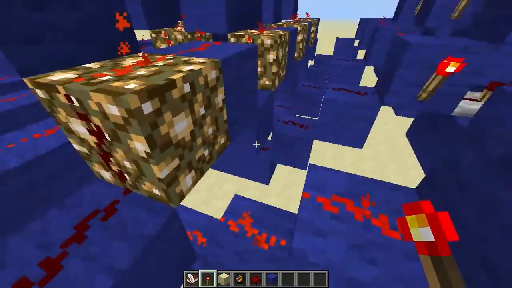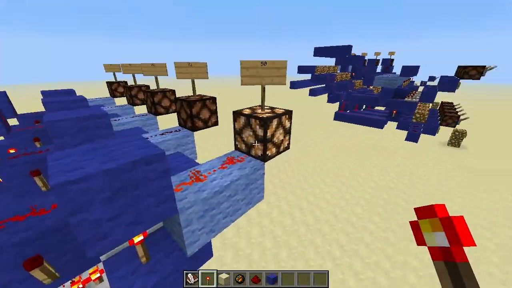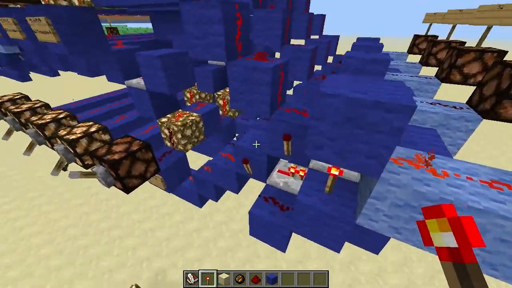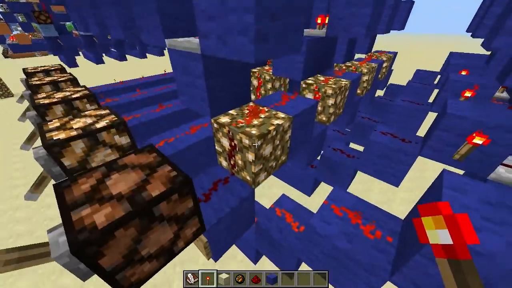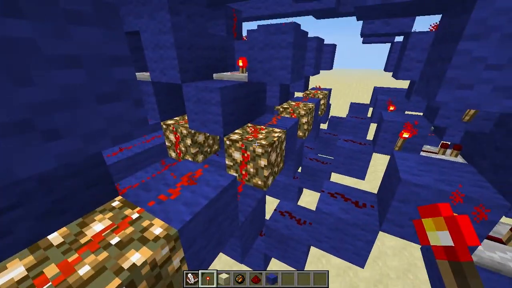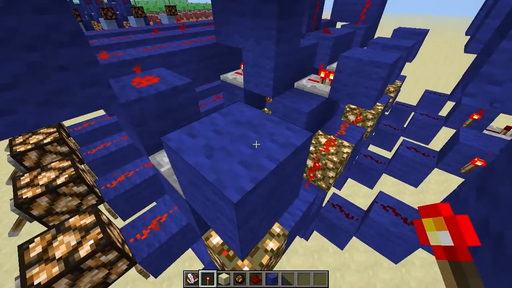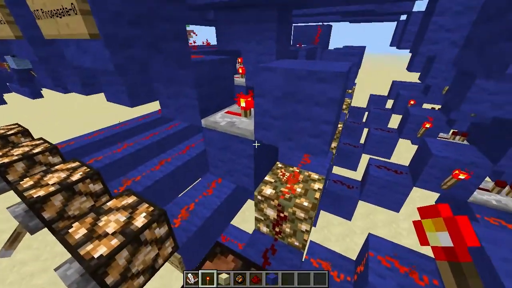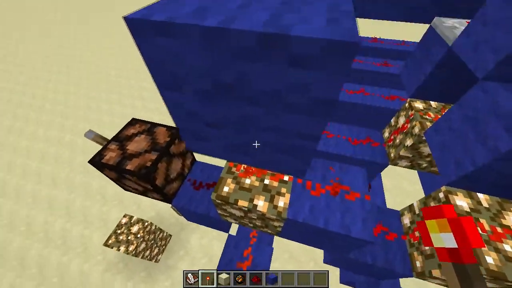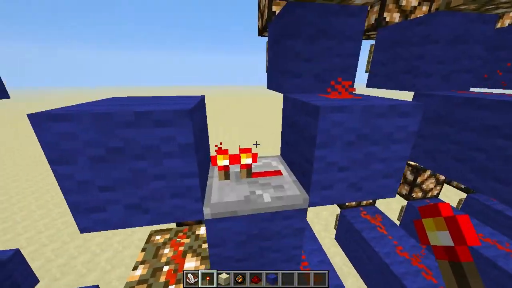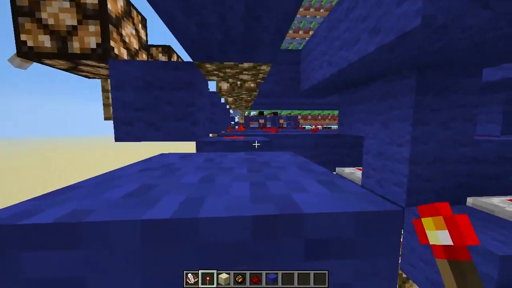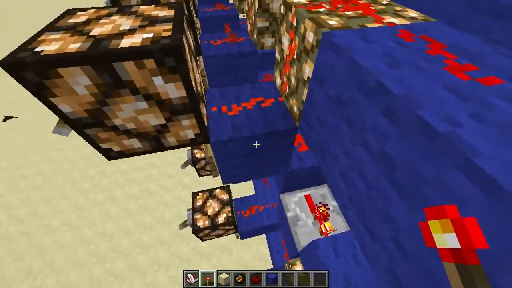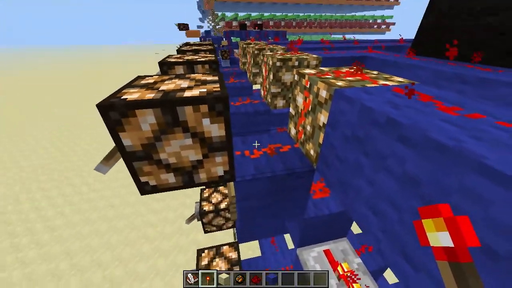XNOR gate powers on, and we have our output. But why doesn't the signal go further? Well, this is because this OR gate over here, right over this glowstone block, there's an OR gate, and the input into this OR gate is here.